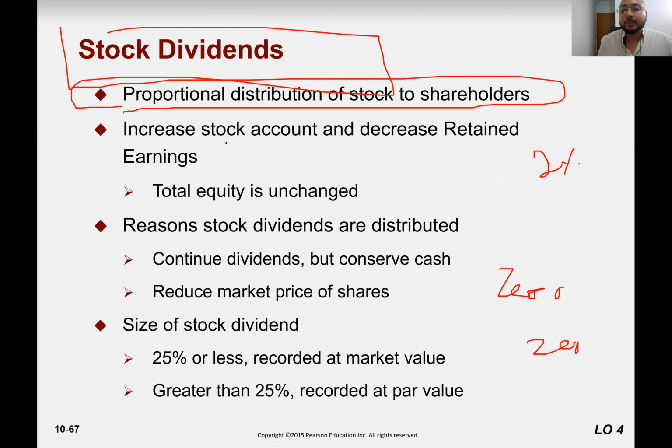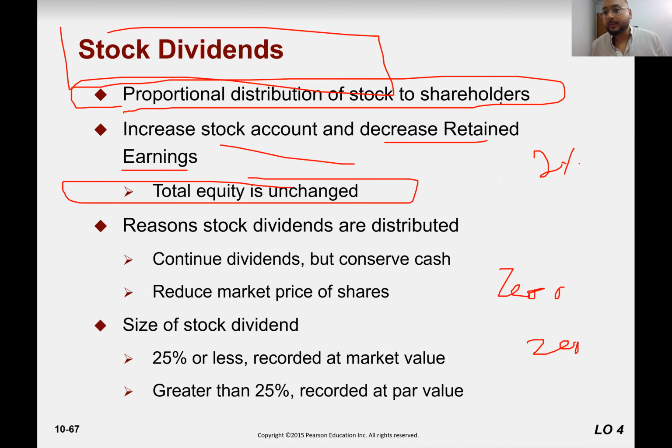So increase stock account and decrease the retained earning. The entry is going to be the same, retained earning to dividend payable, but in that case you increase the common stock, or if it's a preferred stock, then you increase the preferred stock. But the total equity doesn't change, because on the other hand, retained earning is decreasing, but common stock is increasing. So this will nullify the effect.